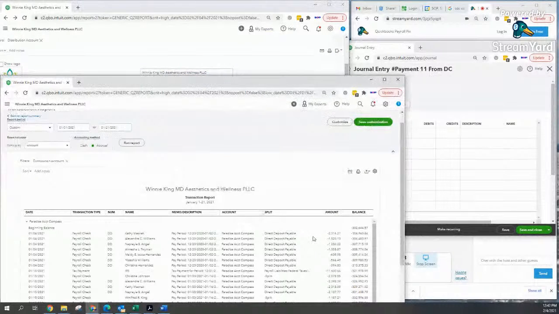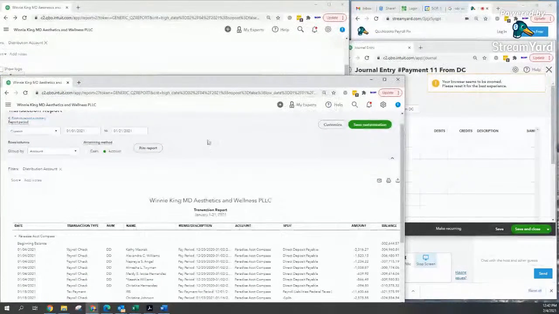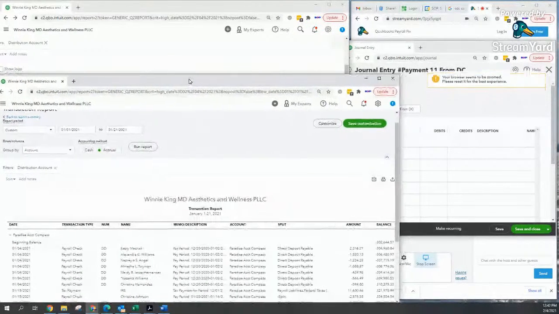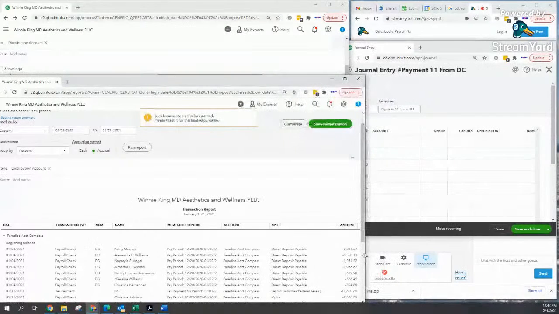Well, let's start with the problem. The problem is we have payroll that was assigned to an account that doesn't exist anymore. And in this case, the account is direct deposit. Well, actually, it's the Paradise account.